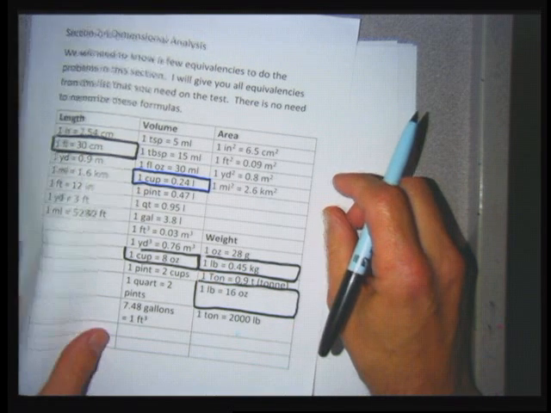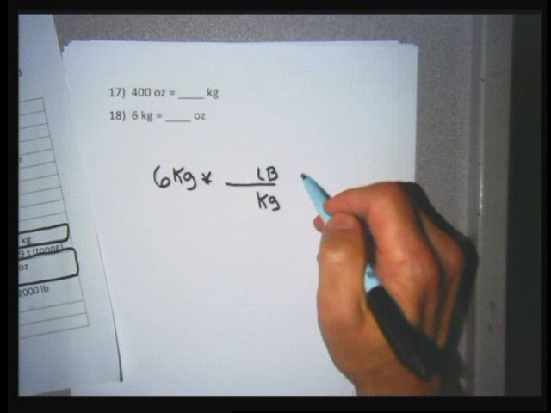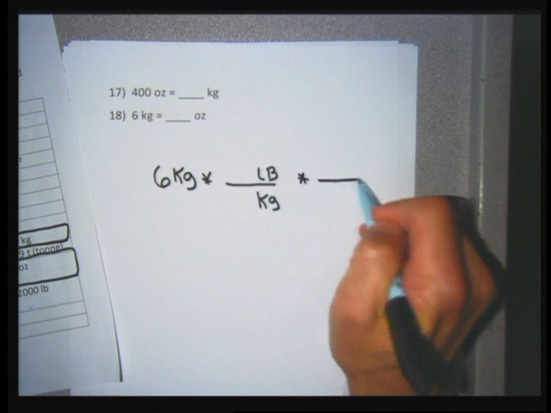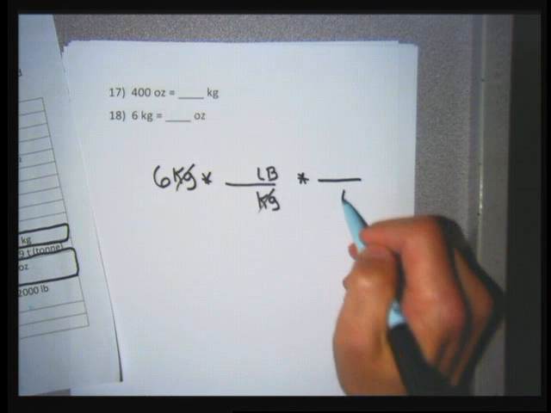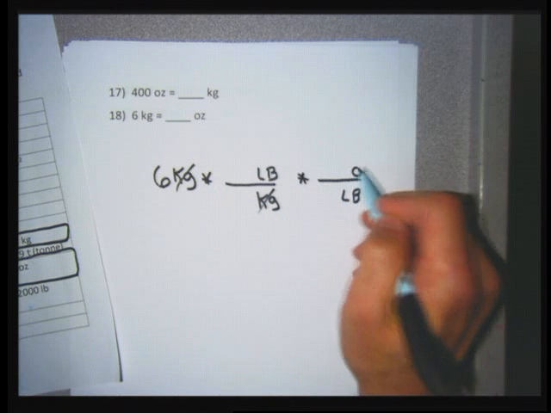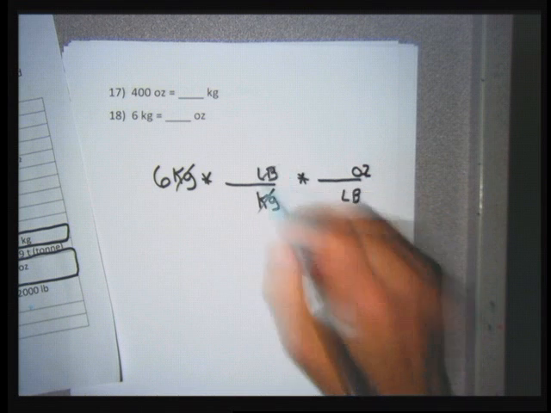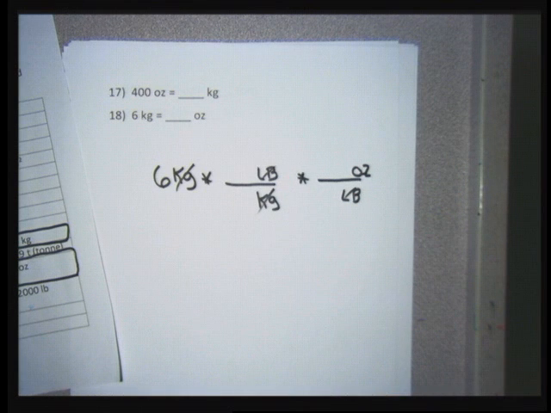And then I'm going to multiply by a fraction to get rid of the pounds, because I'll now be in pounds because the kilograms will be gone. I want to get rid of the pounds and end up in the ounces. So now I just need to fill the numbers in, because those are the units that I need.